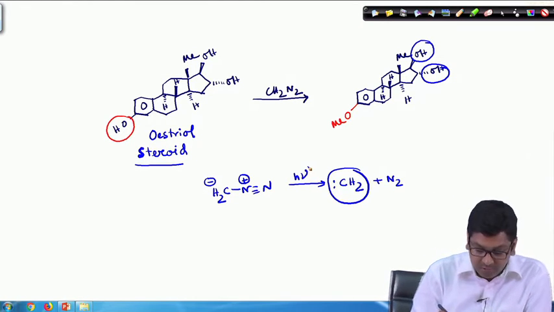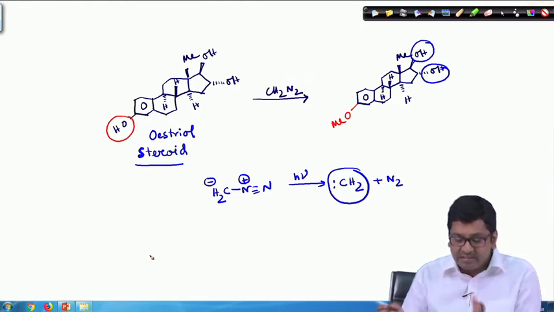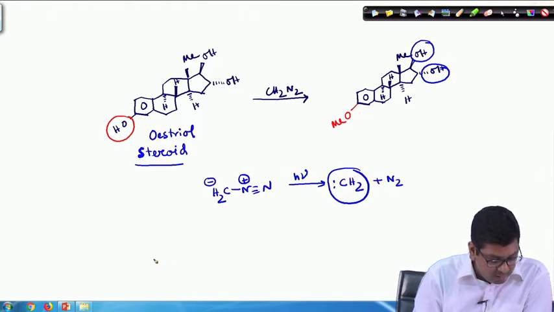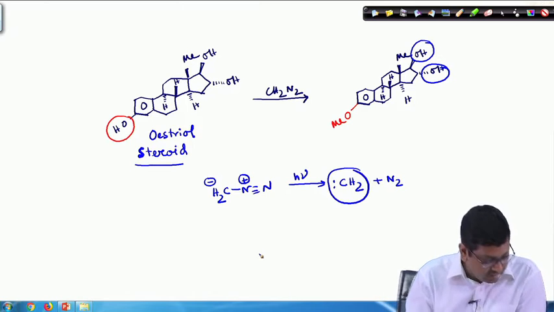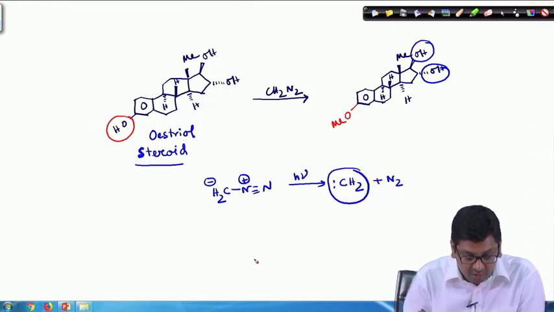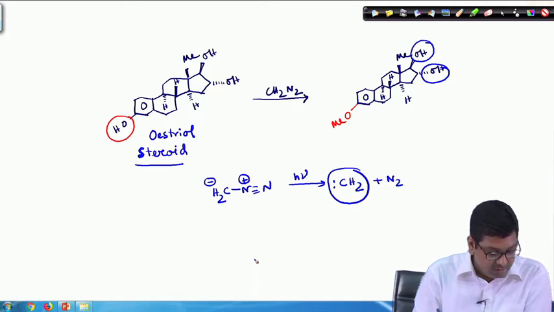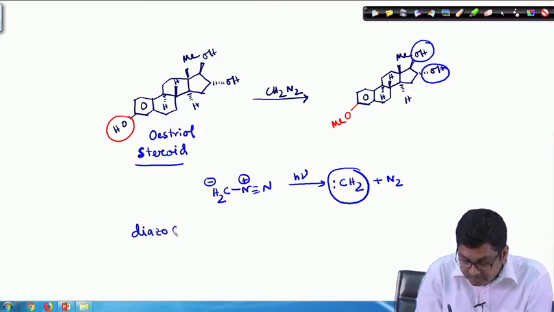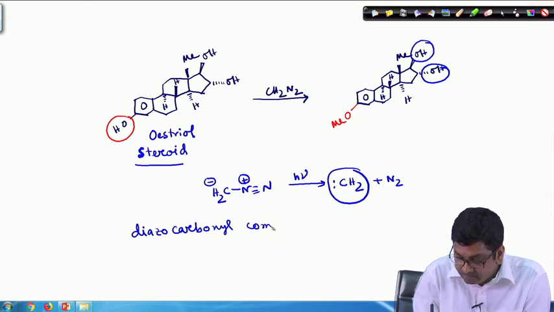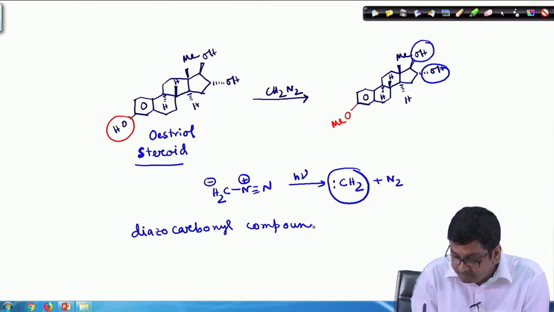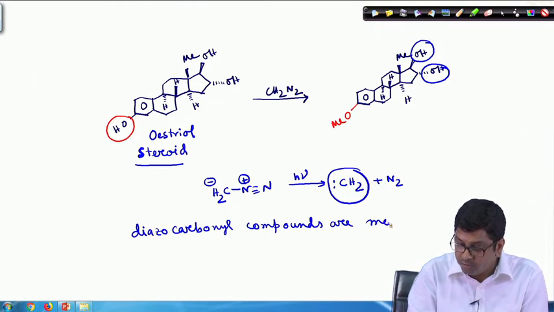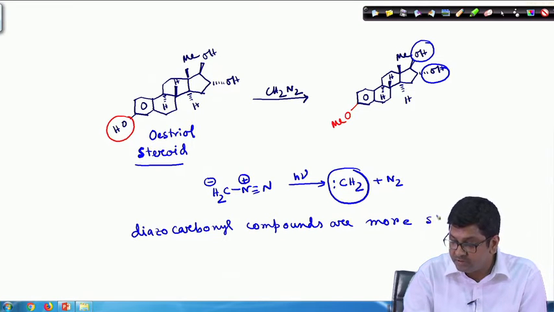So, having such limitations, people started thinking about diazocarbonyl compounds as carbene precursors, because diazocarbonyl compounds are more stable compounds.